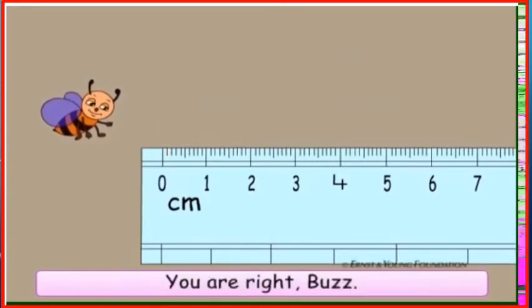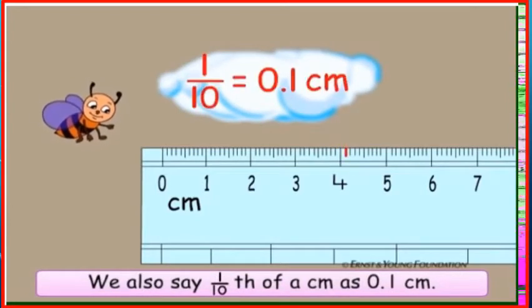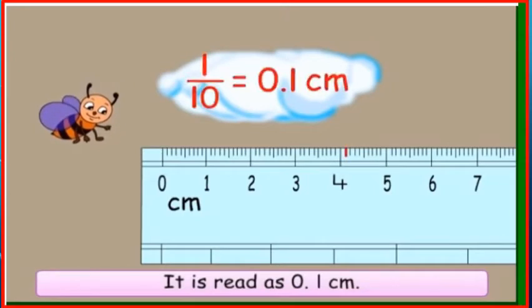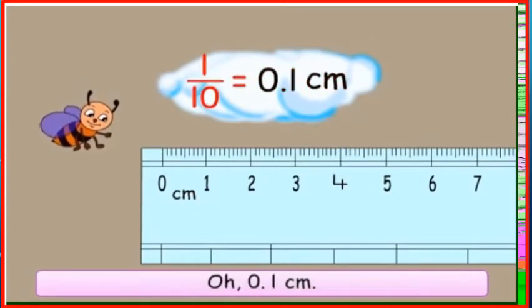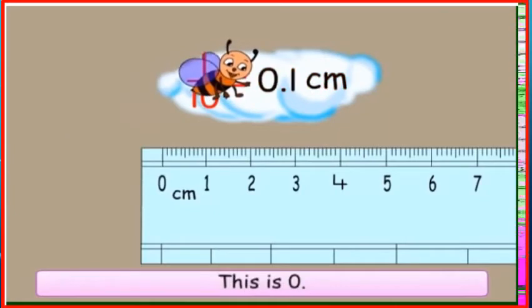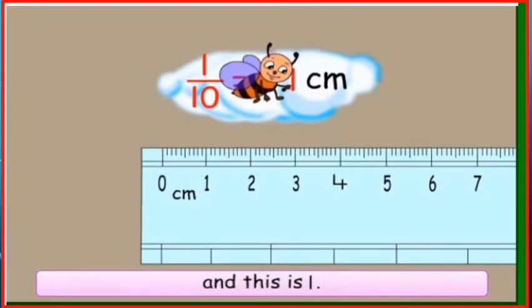You are right, Buzz. We also say 1/10 of a centimeter as 0.1 centimeters. It is read as 0.1 centimeter. Oh, 0.1 centimeter. This is 0, this is point, and this is 1.